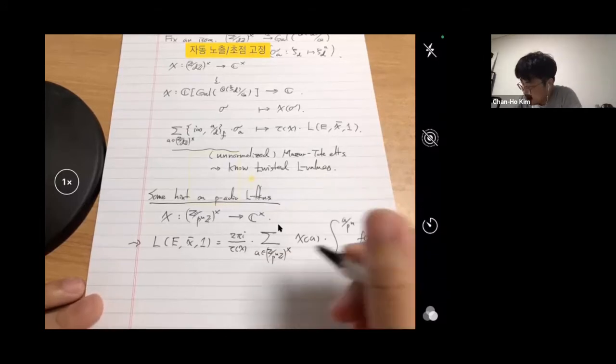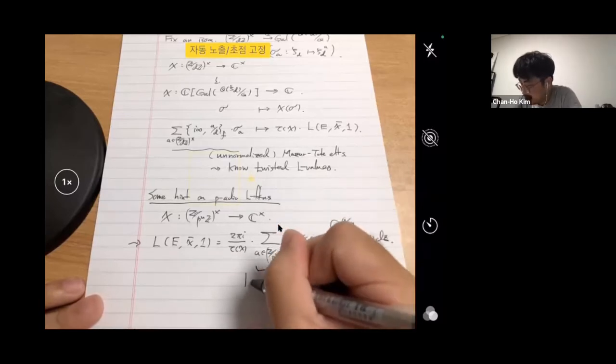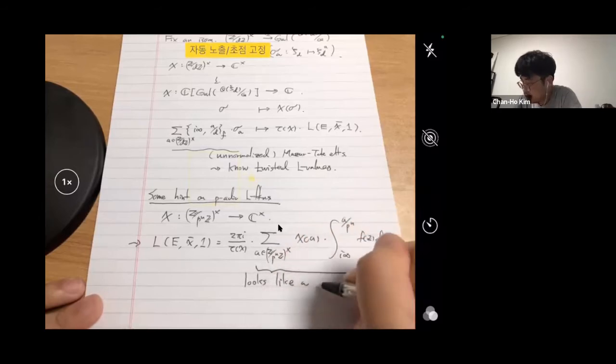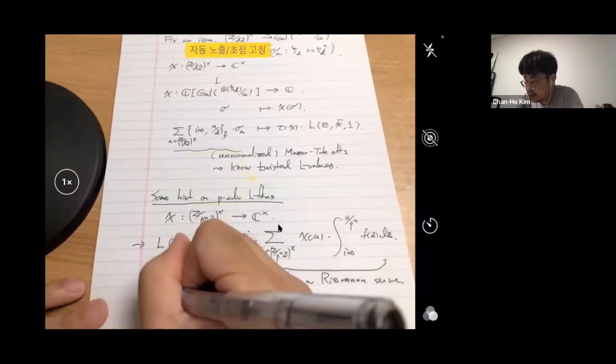And one observes that this sum looks very much like a Riemann sum, in the following sense.